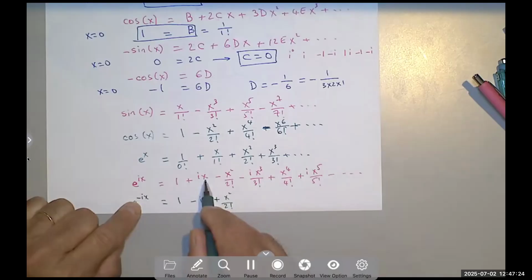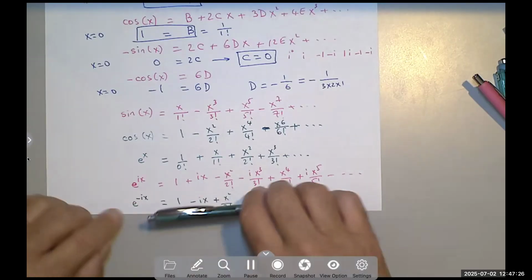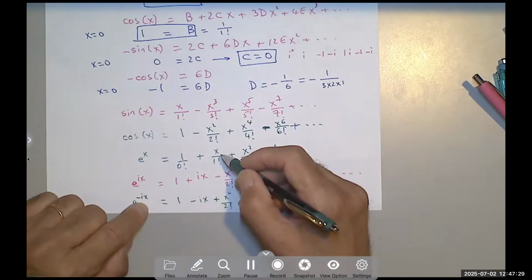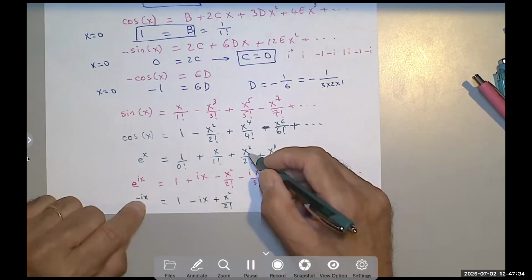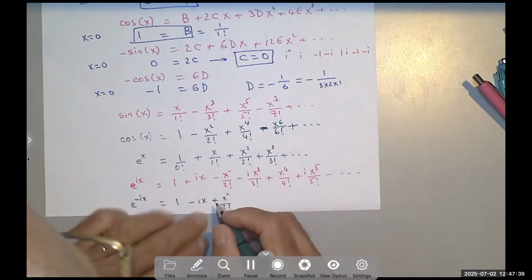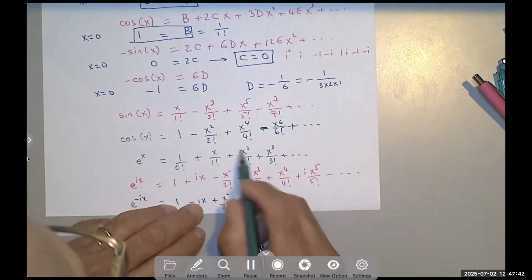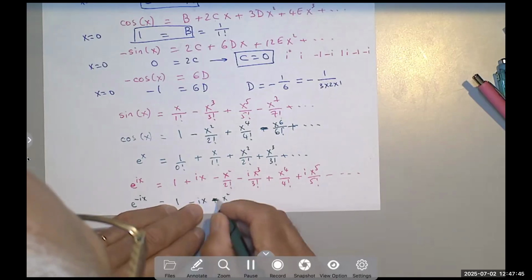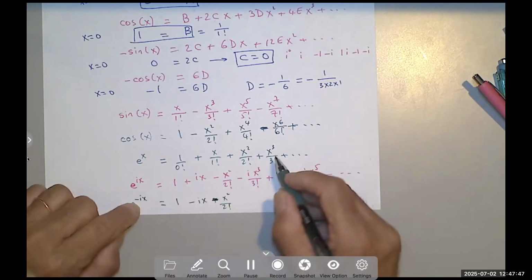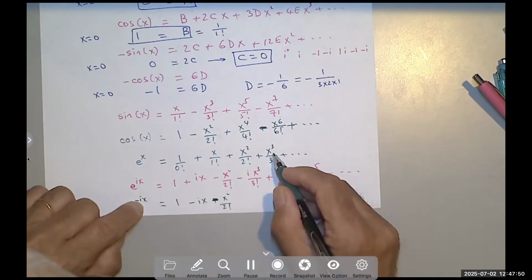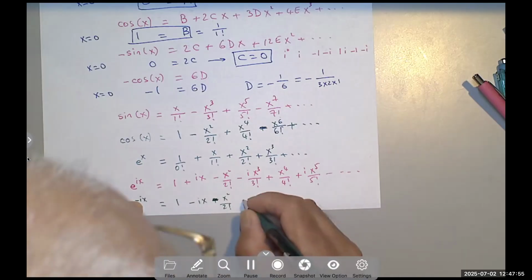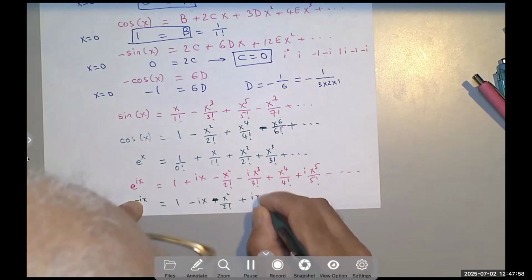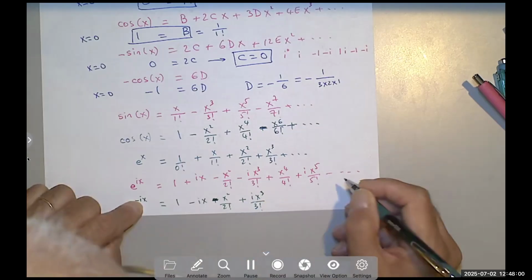I'm sorry, when I substitute x as negative ix, I get negative ix here. Here I get i squared x squared over 2 factorial, so that's a negative, right? I'm substituting here, not here. And then if I make that cubed, it would be i cubed, negative i times negative, so plus ix cubed over 3 factorial.